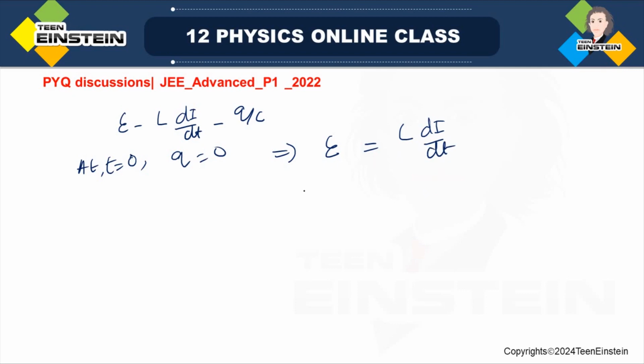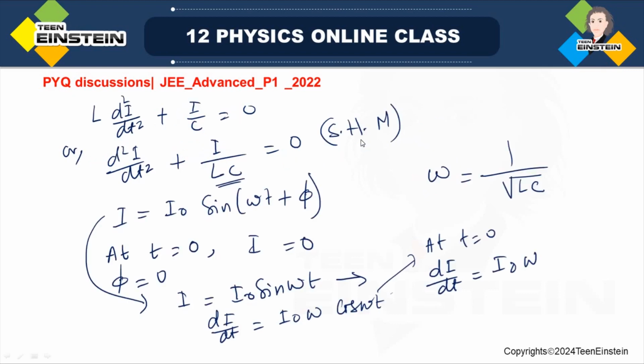So I have to find out the maximum amplitude or the amplitude of the current. So to make it maximum at t is equal to 0, that is, I0 omega that we have already got. So we'll just apply it here.